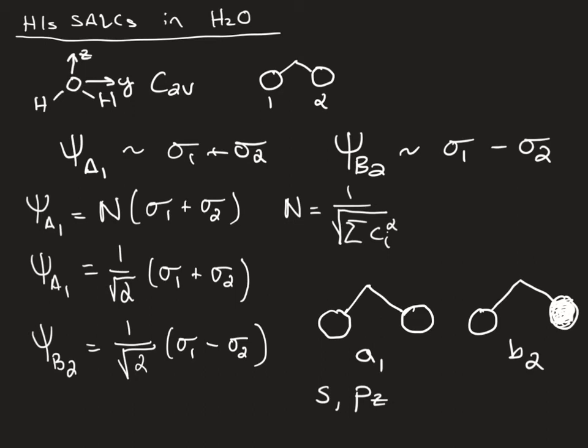In the B2 representation, you would combine in your py type orbital because the py transforms as the B2 representation under C2v symmetry. In addition, you would have other orbitals if your atom had those energetically available to combine with this B2 rep, such as your dyz and your dxy type orbitals.